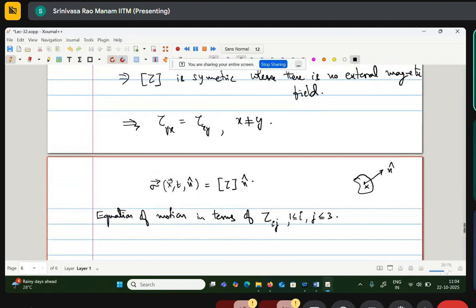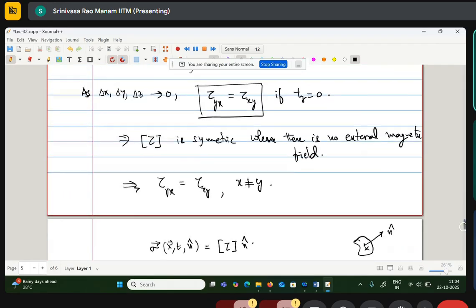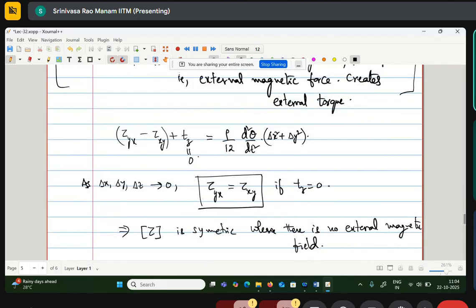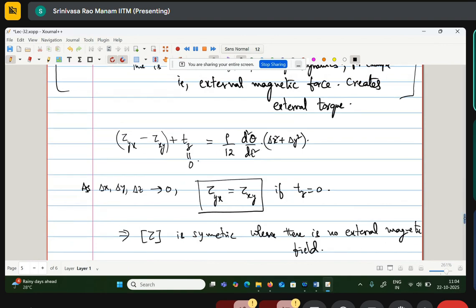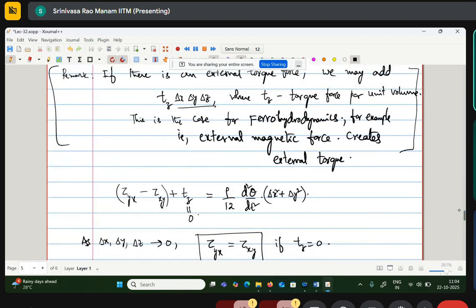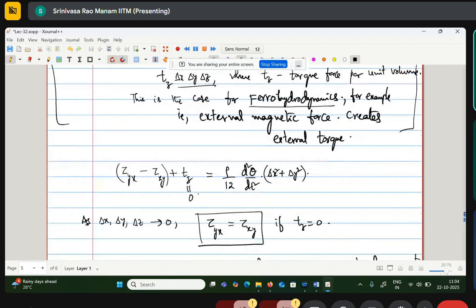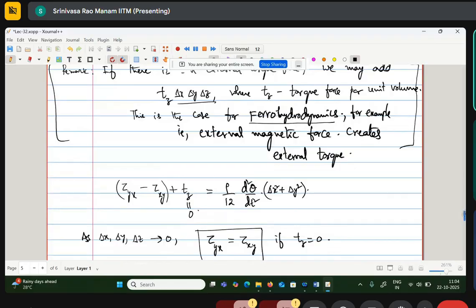So far that's all we have done. If there is actually an external torque coming from maybe a magnetic field that creates some rotation, the overall full body may get some rotation effect, then you may have some torque per unit volume, which you write as TZ, external magnetic field. That is usually called ferrohydrodynamics, because we're dealing with fluids, that's why we say hydrodynamics.